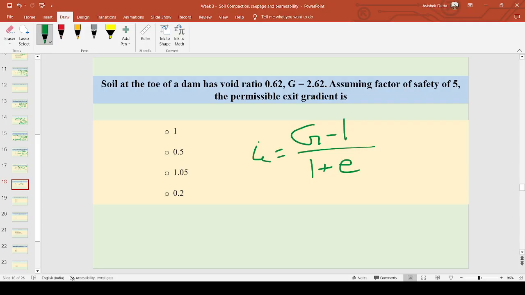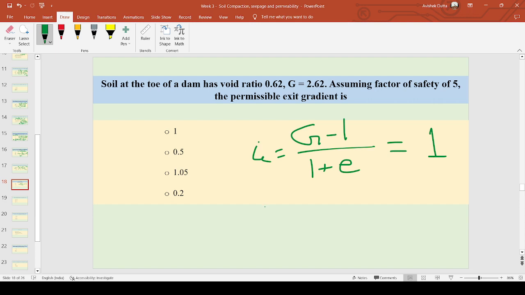Okay, so you put in the values of G and e. I think you'll get a value of 1. G is 2.62 and e is 0.62, yes, value of 1. So this is the critical exit gradient. Now the permissible gradient should be less than this because we will not be keeping the gradient at the critical gradient.